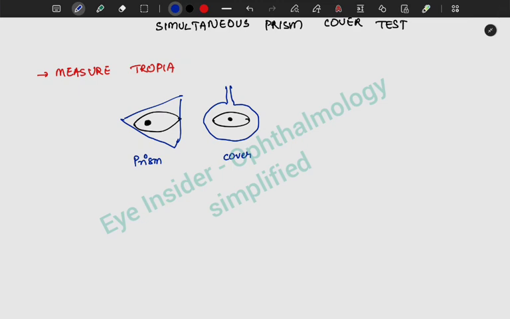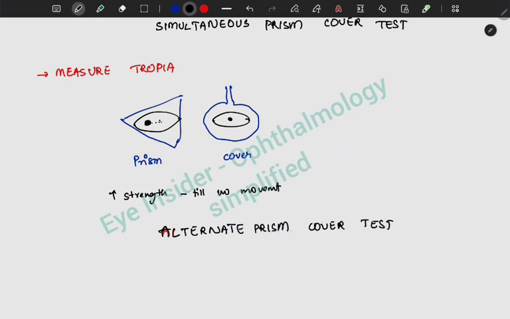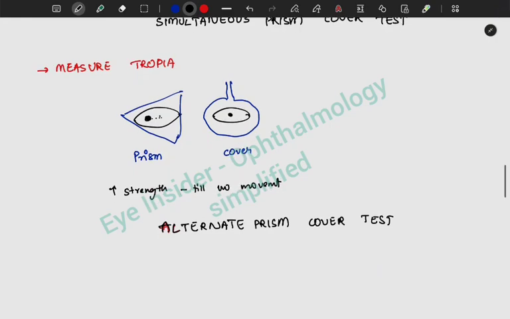So here we are using a base in prism for an exotropia. Slowly we will increase the strength of the prism till there is no movement. In that way the strength of the prism reveals the amount of tropia it is having.